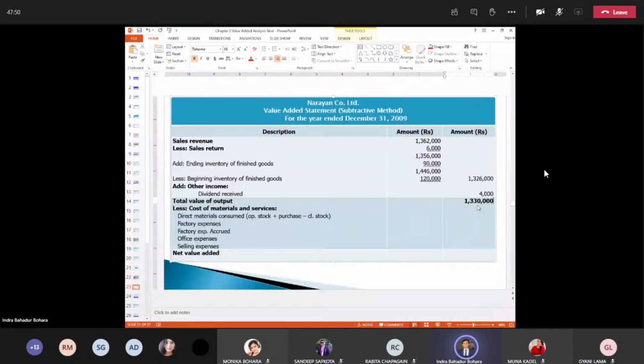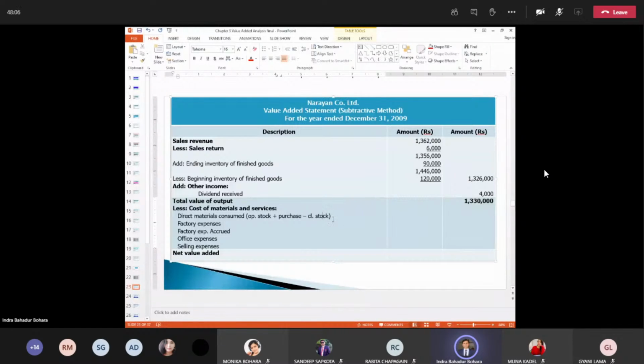Direct material consumed, or cost of material consumed, that is opening stock of material plus purchases minus closing stock.